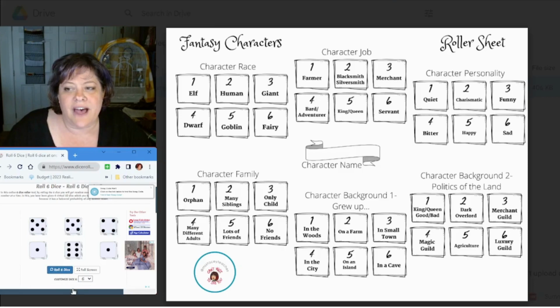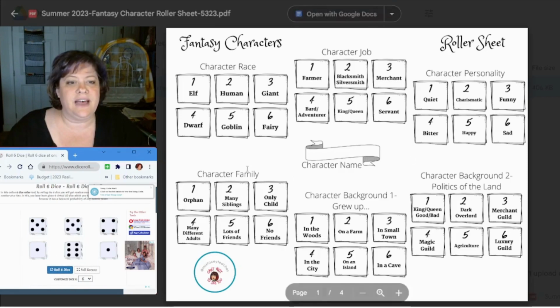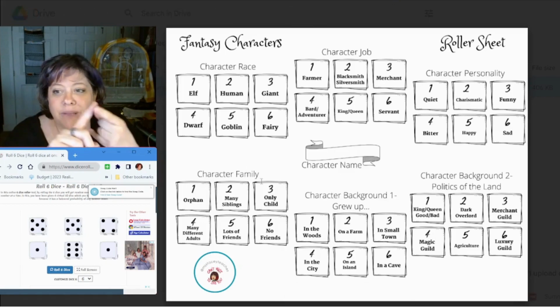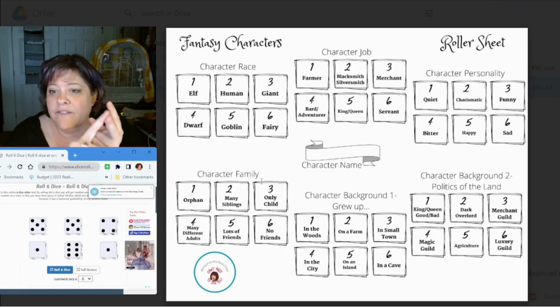All right, 5, 5, 4, 1, 6, 1. So 5 is a goblin. The character job is king or queen. 4 is a bitter person.